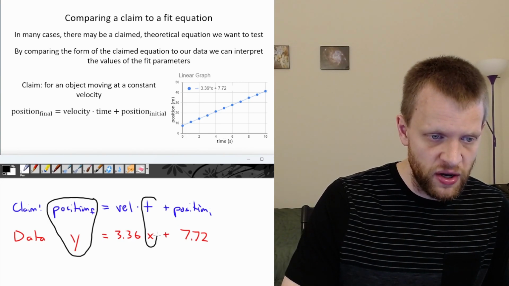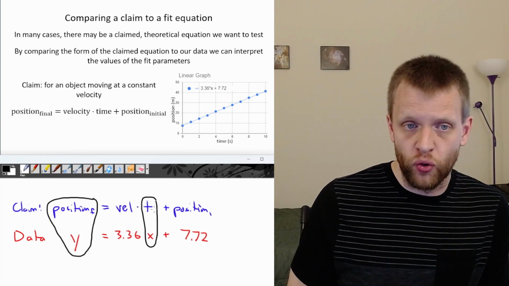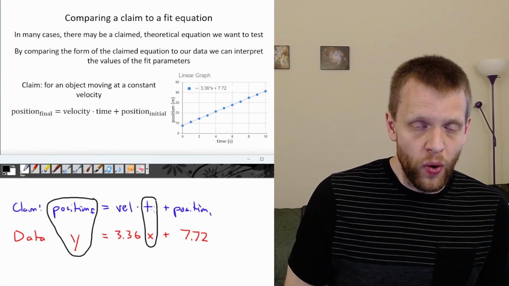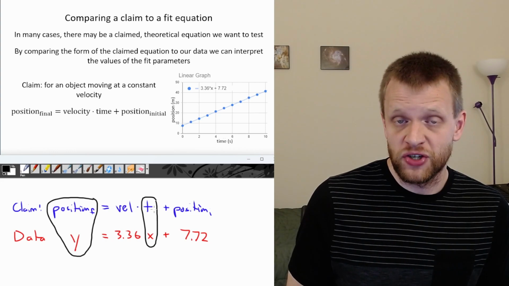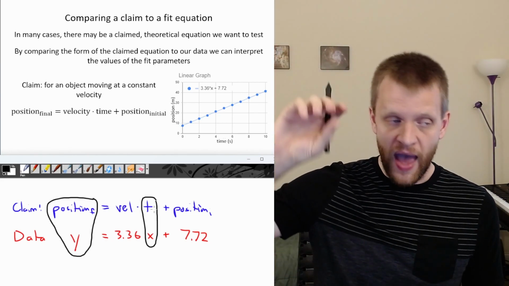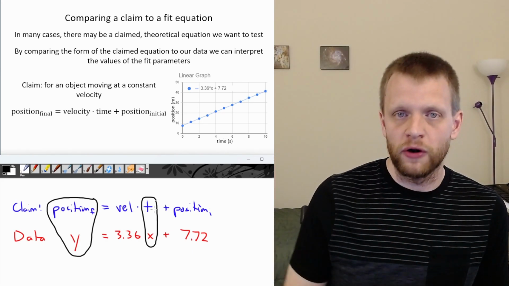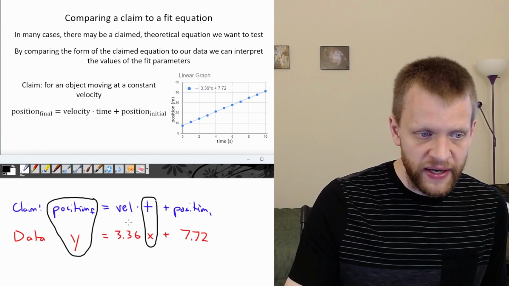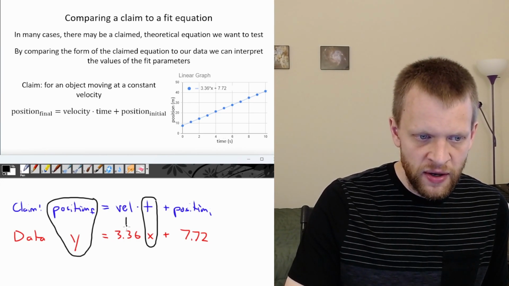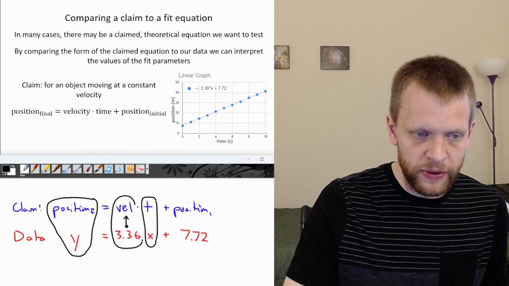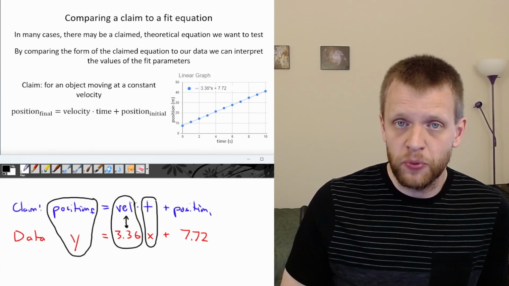So that value for time, that's what we put on the horizontal axis. Now, to interpret what these fit parameters physically correspond with, we want to take the equation for our claim and the best fit equation for our data and try to keep on lining them up. So if I keep on lining these up, notice that these two terms, my velocity and this 3.36, those match up with each other.